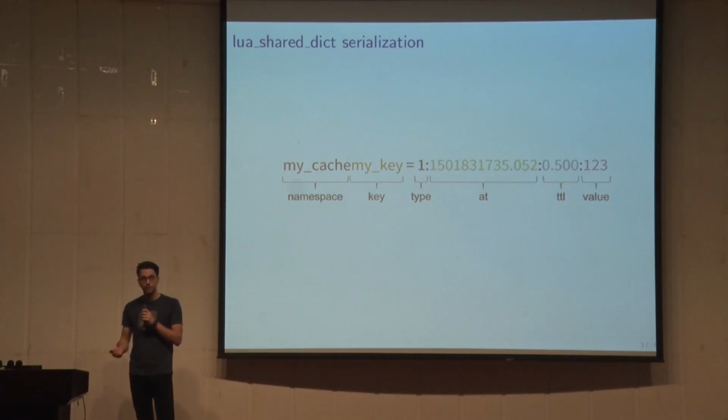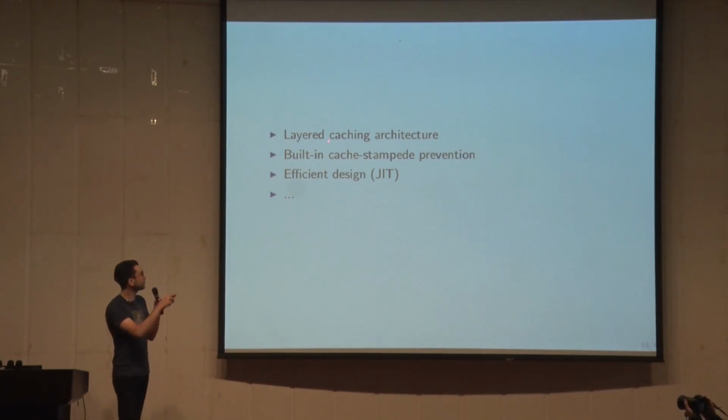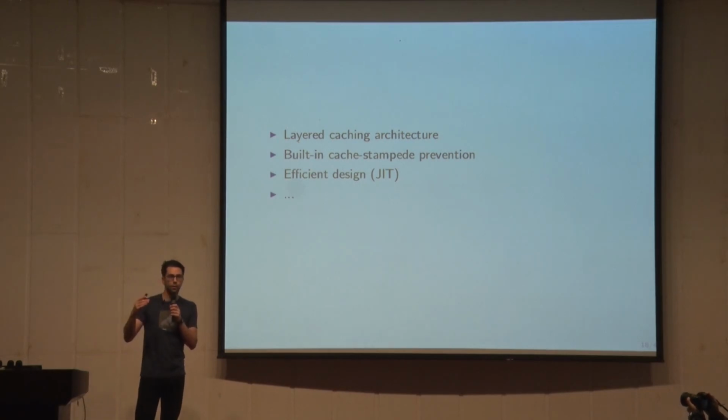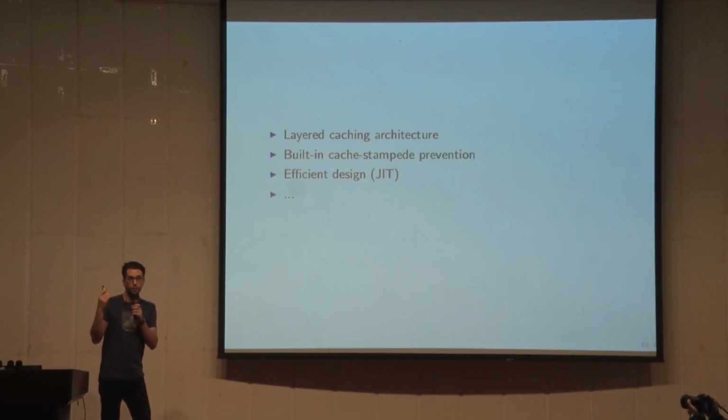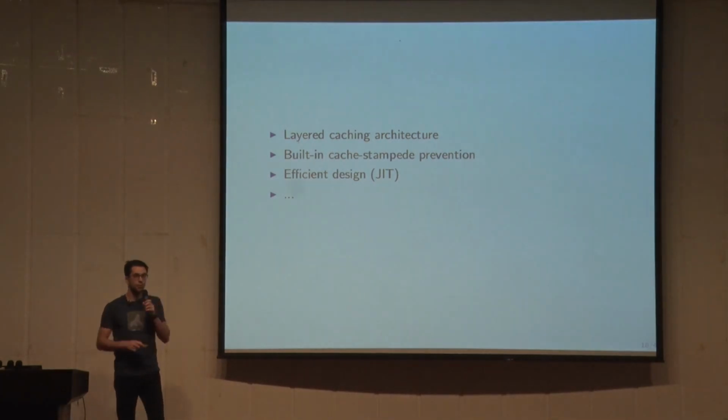So let's start keeping track of everything we've covered, all the features. We have a layered caching architecture where we always hit the most efficient cache, and if we don't have a hit, then we go to the less efficient cache. Second, we have built-in cache stampede prevention.